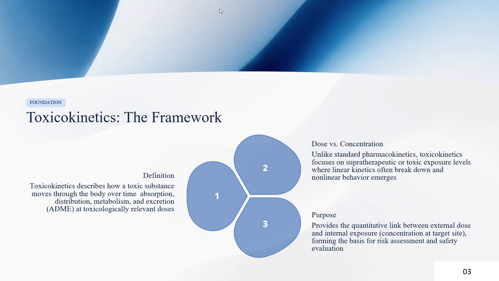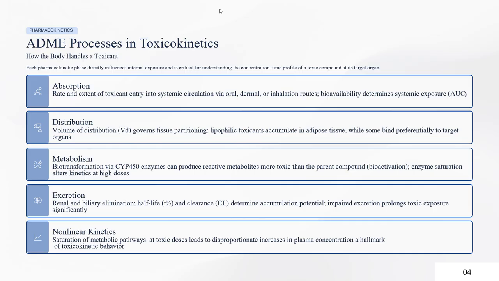Unlike normal pharmacokinetics, toxicokinetics often deals with high or toxic doses where the body's handling of chemicals may become non-linear. The main purpose of toxicokinetics is to establish a link between the external dose and the internal concentration of a toxicant at the target organ. This information is essential for evaluating toxicity and ensuring human safety.